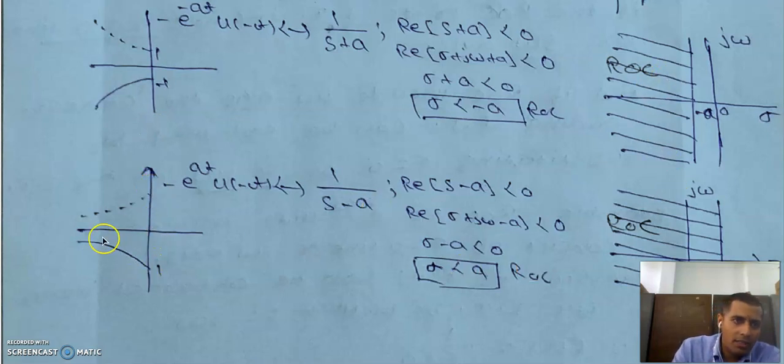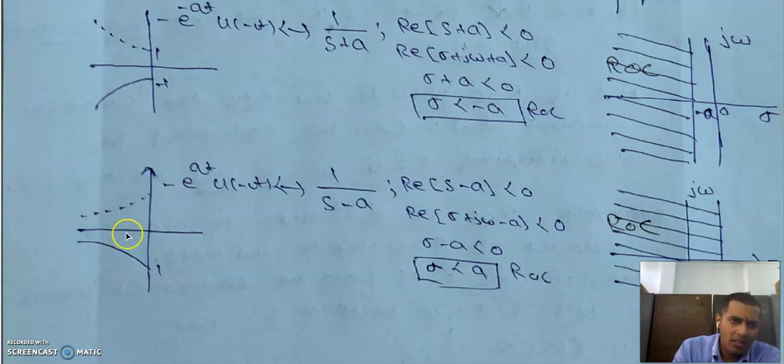This is a bounded signal, so its ROC includes the j omega line, and it is Fourier transformable, so the ROC includes sigma equal to 0, or the j omega axis. In this one, since it is not Fourier transformable, the ROC does not include the sigma equal to 0 line, or j omega axis.